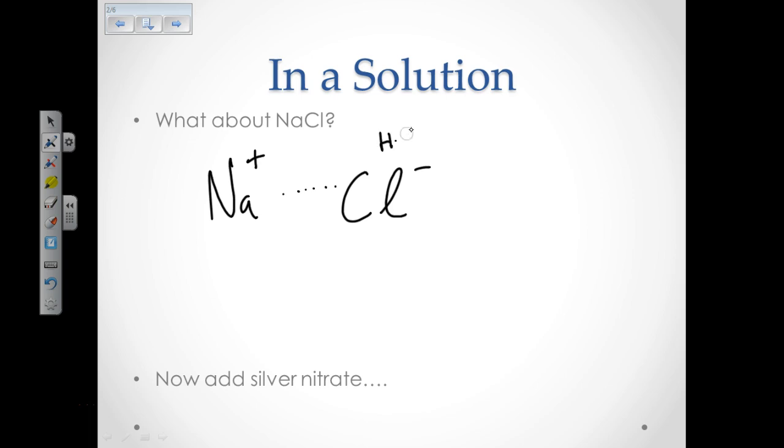And so you end up with water molecules attracting the ions. In solution we have sodium ions and chloride ions floating around independently of each other.